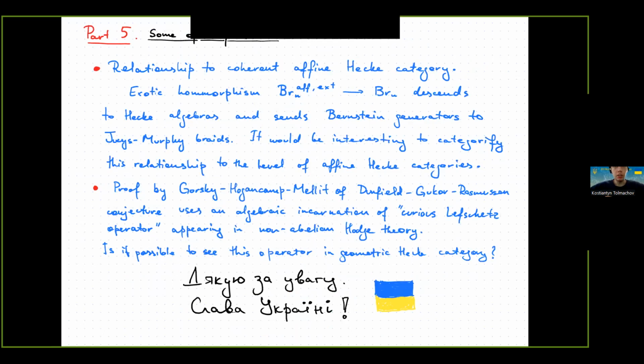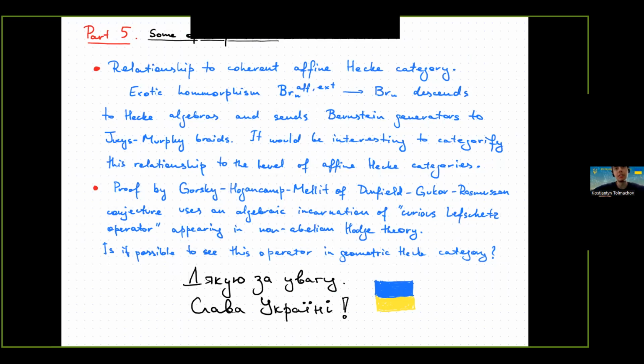Yeah, so I have just 1 minute left. I just want to mention two further questions one can study. One is that many of the features of this picture really hint at the presence of the affine Hecke algebra lurking somewhere in the shadows.